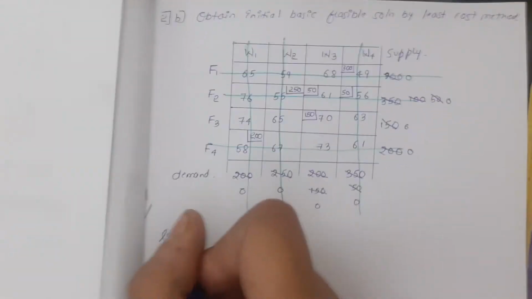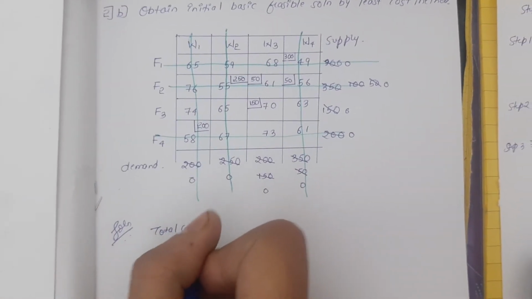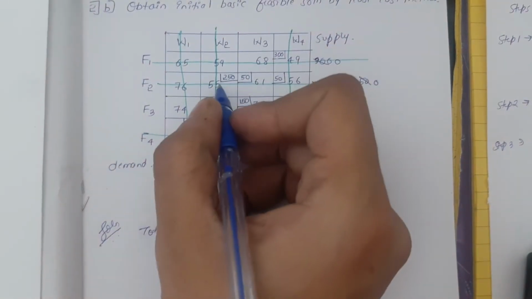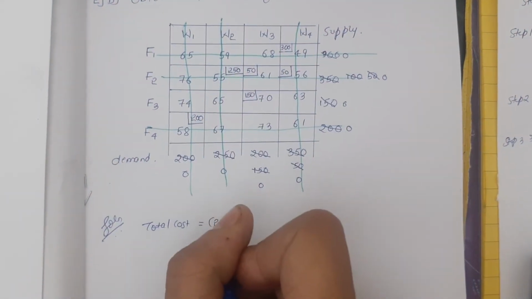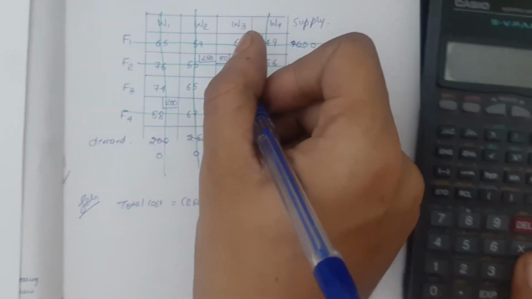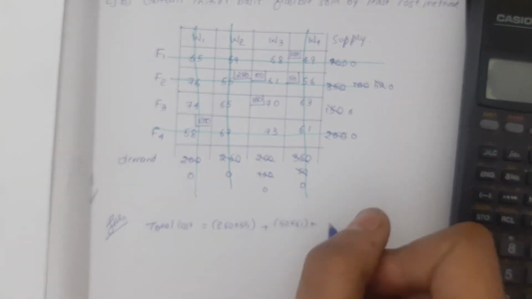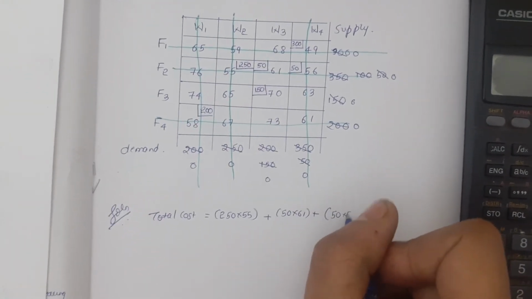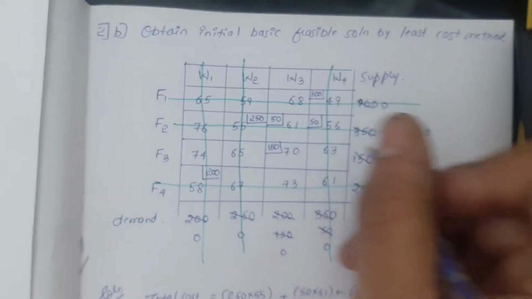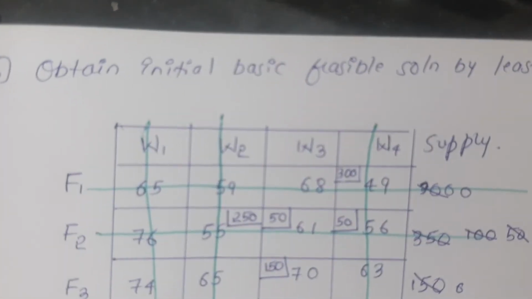To find out the solution for this problem, the total cost becomes 250 into 55, plus 50 into 61, plus 50 into 56, which is this particular element. Then next we have 300 into 49.